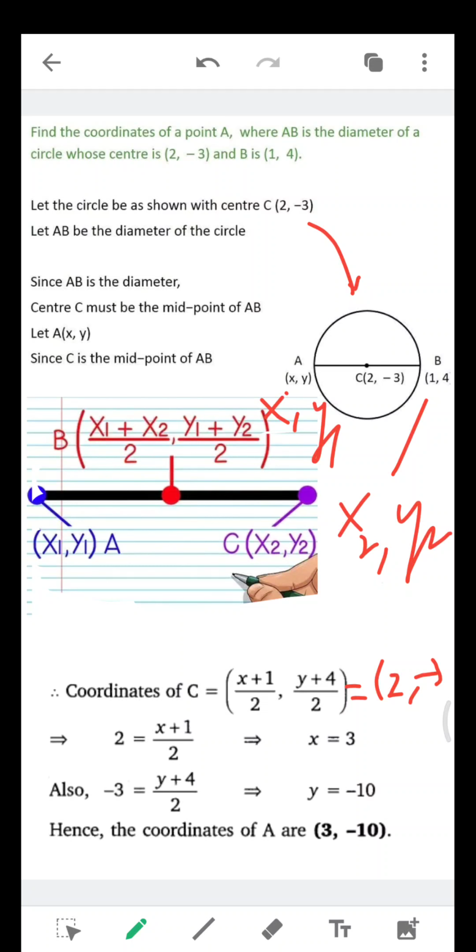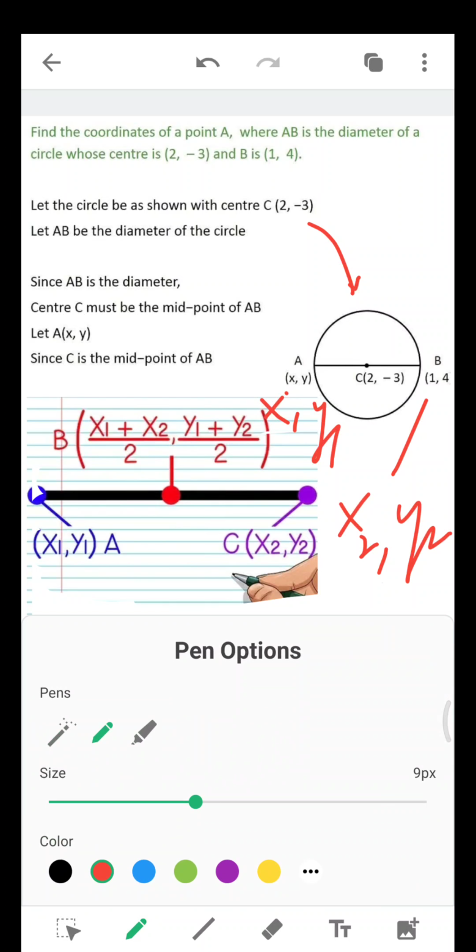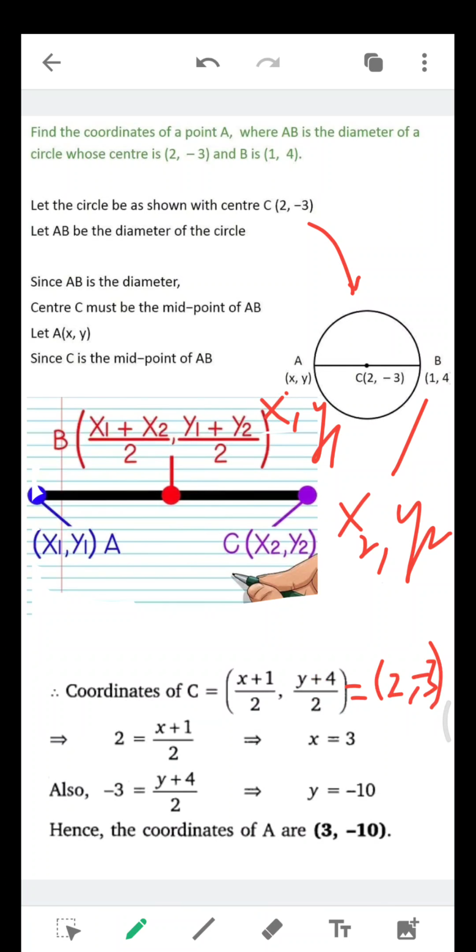So I can equate this with 2 comma minus 3. So equating the x coordinate with the x coordinate, that is abscissa with abscissa and ordinate with the ordinate. So x plus 1 by 2 is equals to 2.